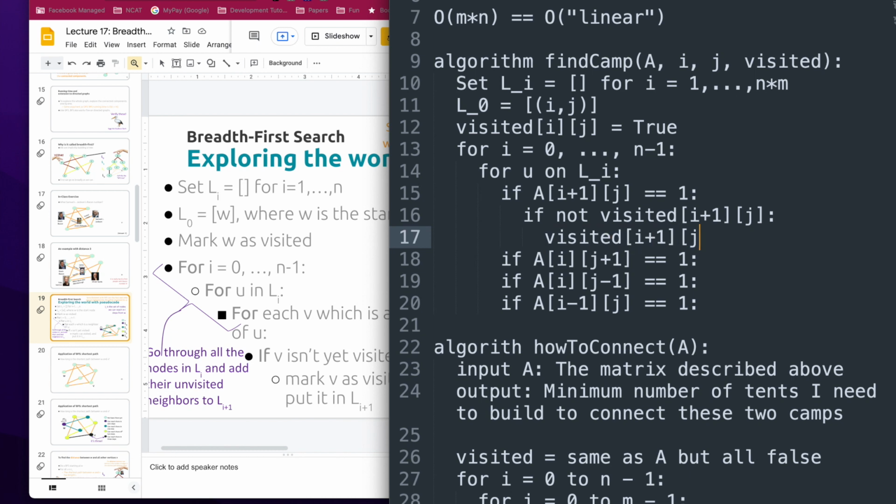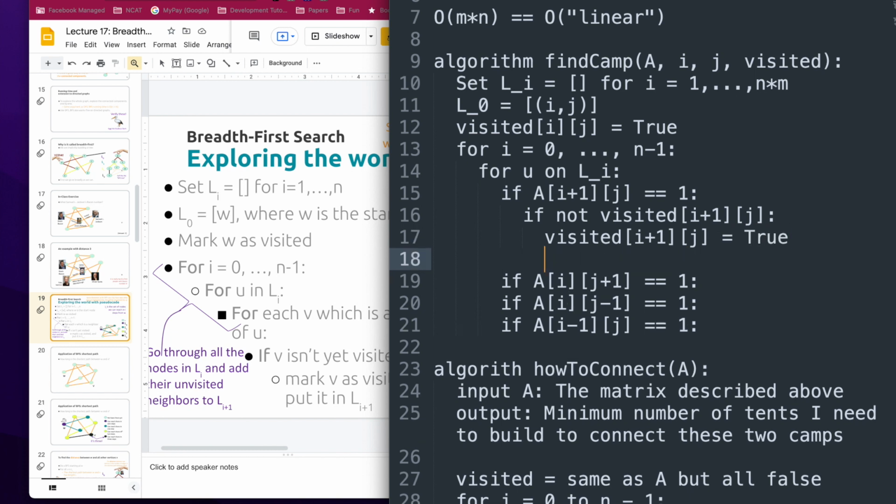We're going to set that to true. Right, so we're just running BFS here. We're going to put it into L i plus 1. So let's say push back i plus 1 j. So that's like at the next level, right?